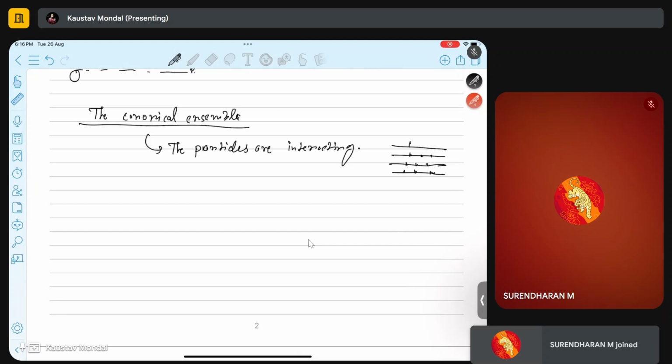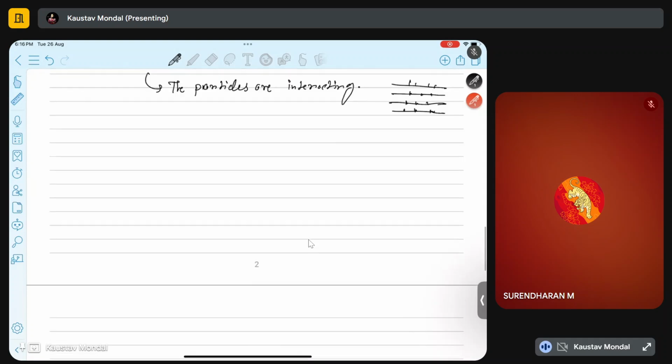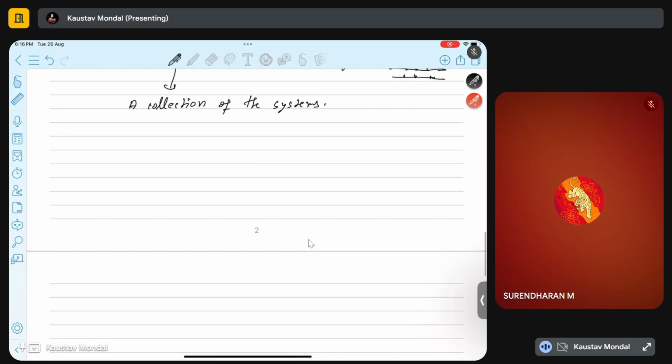But in the canonical ensemble, things are a bit different. Here we consider a collection of systems, like the whole system in N, V, T. Suppose it's a closed system, so the number of particles, the volume and the temperature are fixed, but the energy can change.